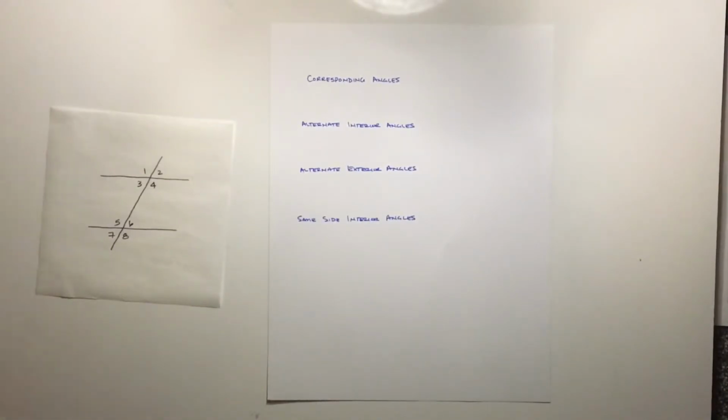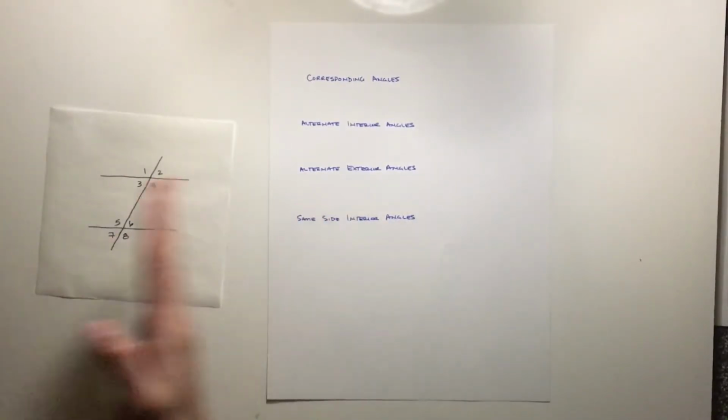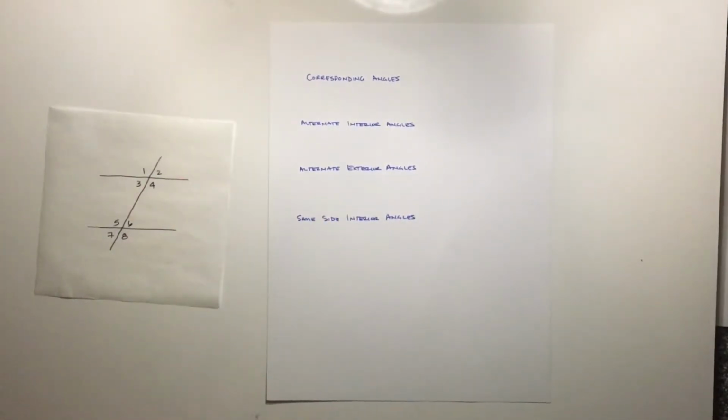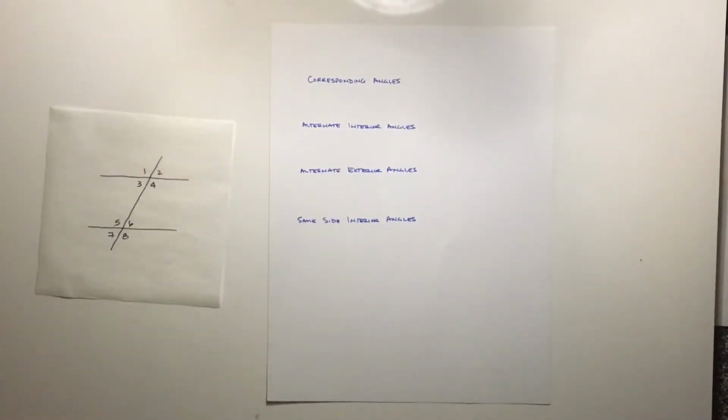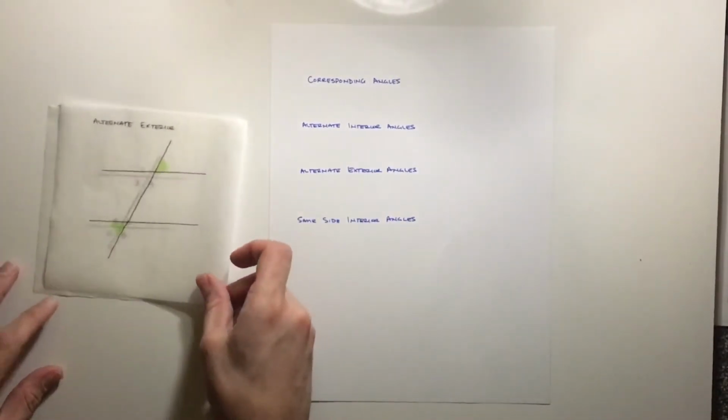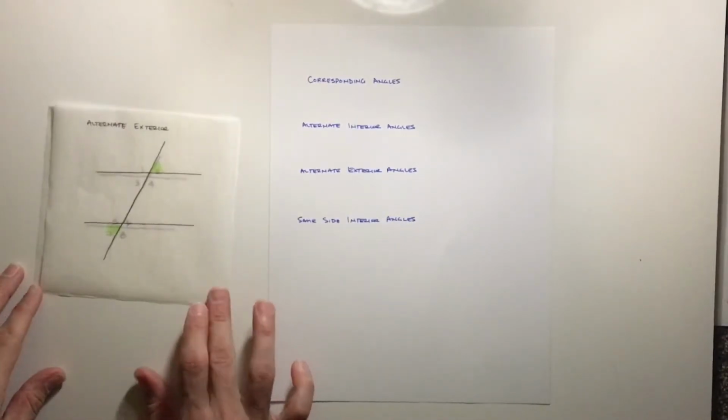In a similar vein, alternate exterior angles: alternate means they are on different sides of the transversal, and exterior means they are outside of the two lines that have been cut. Angles 2 and 7 are clearly on different sides of the transversal and outside of the two lines.